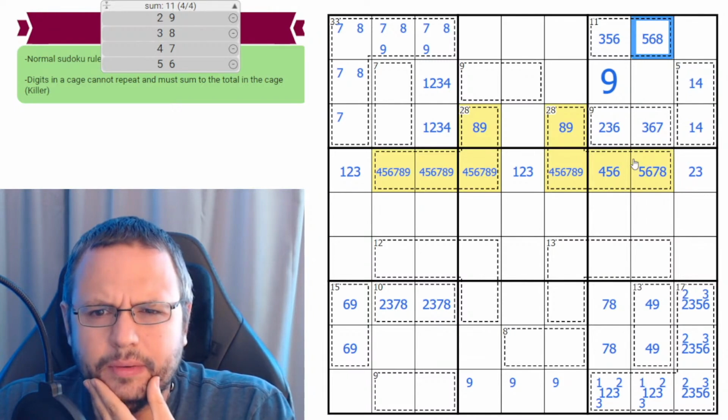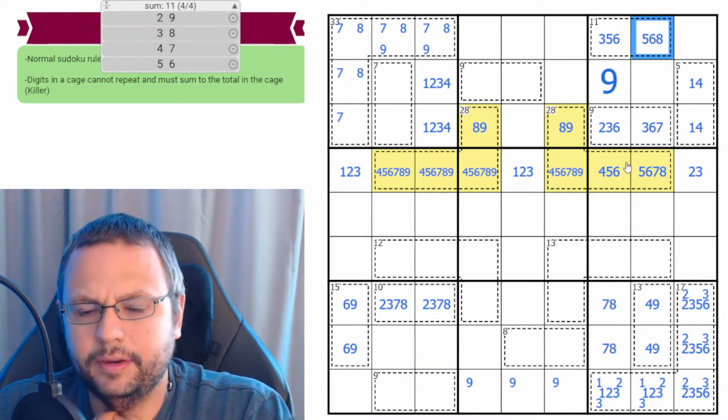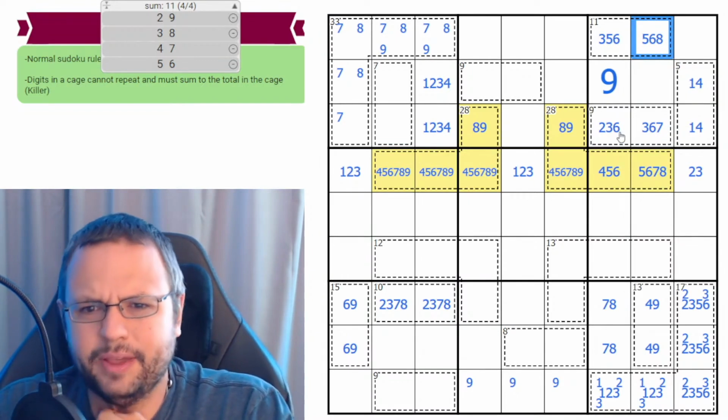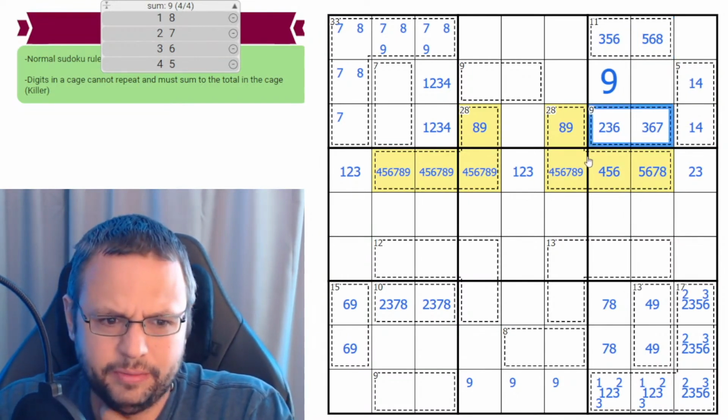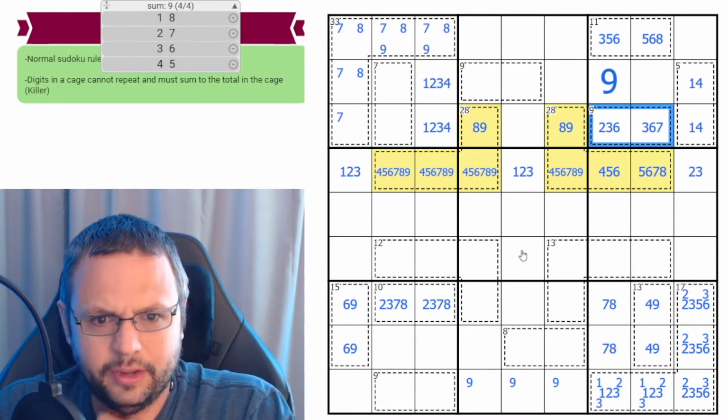Wait, no. 5, 6, or 4, 7. Yeah, sorry, no. 5, 6, or 3, 8. I'm seeing if this breaks this cage, but I don't think it quite breaks this cage as of yet.